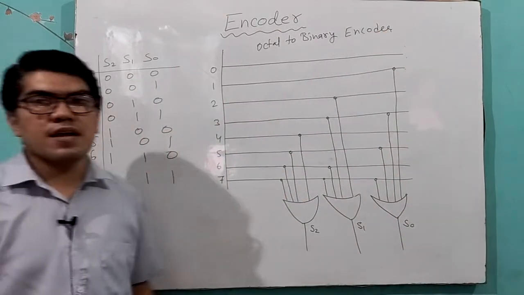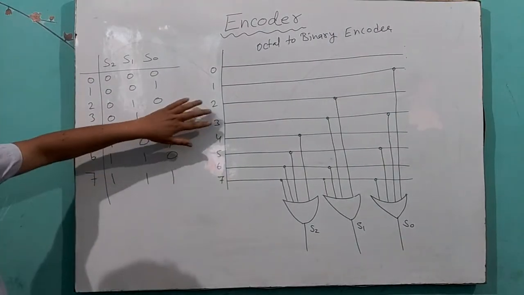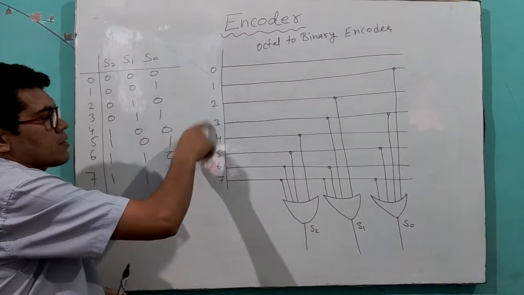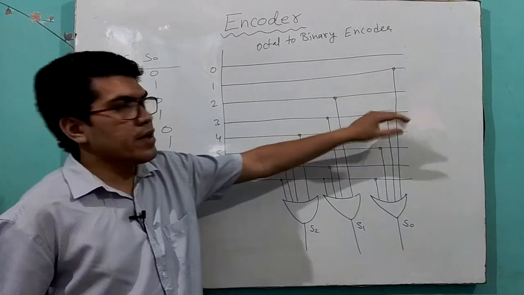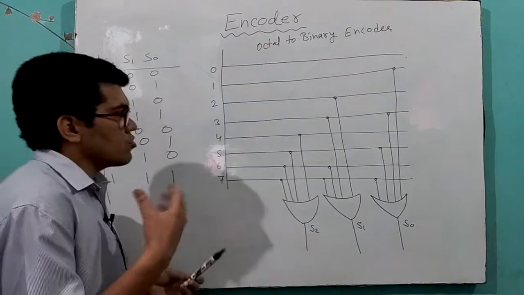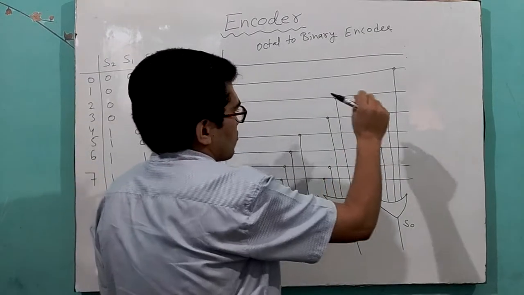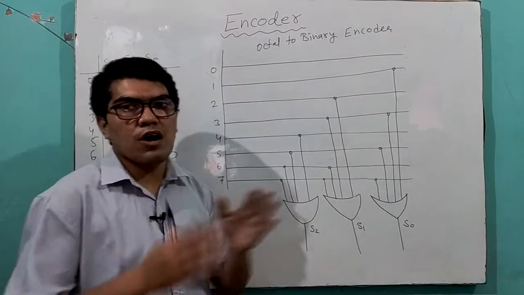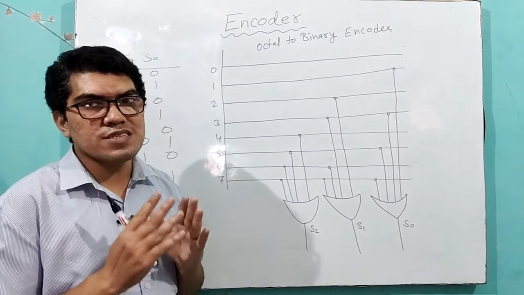Now let's understand how this encoder will work. See, when this signal is passed, it means in this line the current will flow and in the others there is no current at all, or you can assume that when we press this one, the current will flow here. So only this line will produce output 1, the rest of the lines will produce output 0.